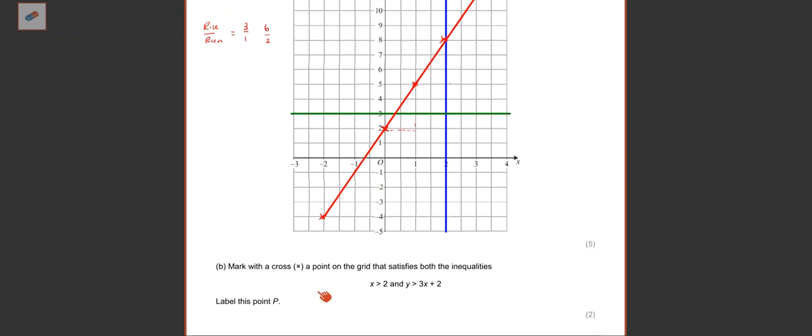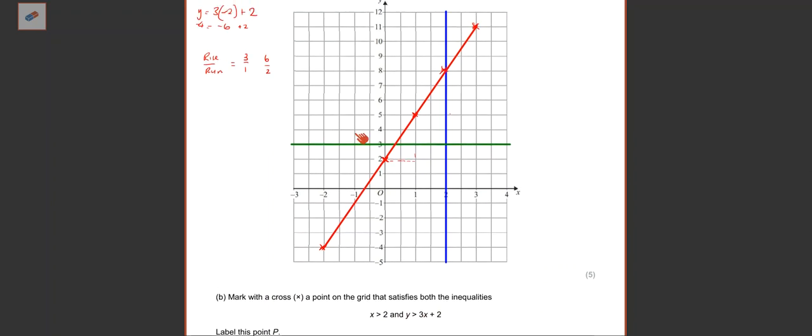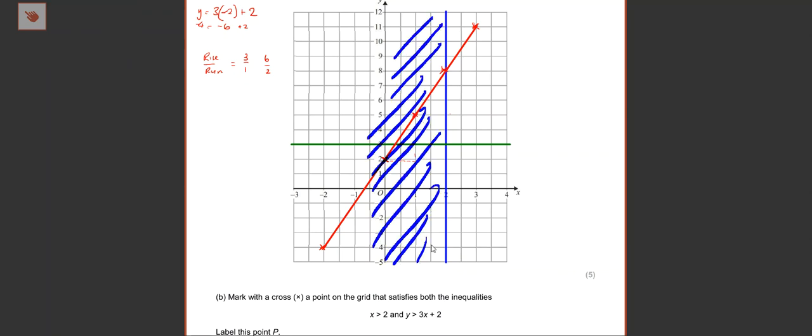And then it says, mark with a cross a point on the grid that satisfies both the inequalities, x being greater than 2 and y being greater than 3x plus 2. So I don't need to shade at all, but x has to be greater than 2, so that means I can't have anything this side of that line, so all of that's gone. I can't use that grid at all.